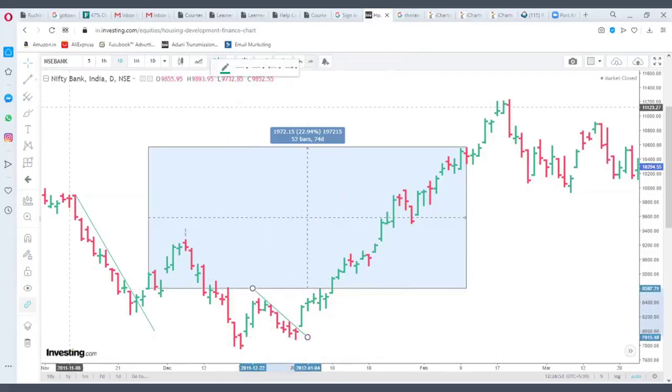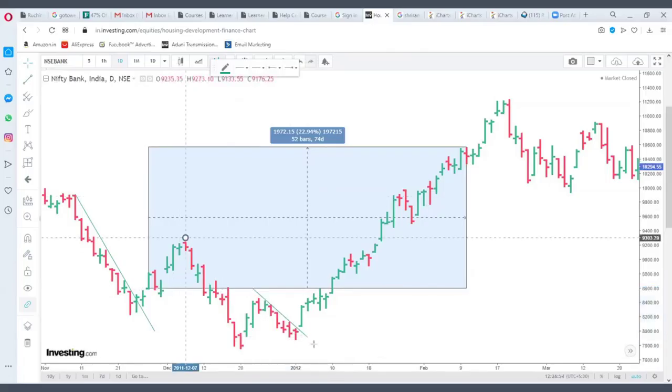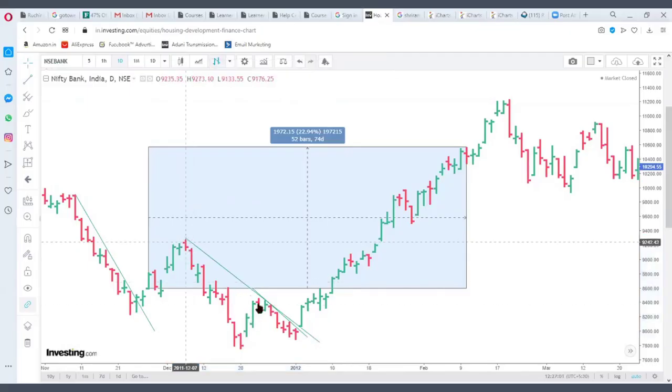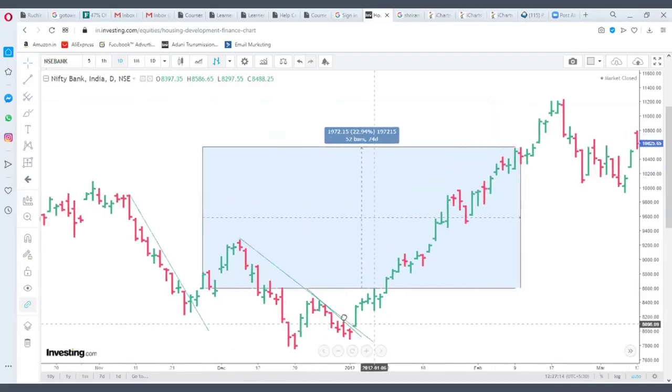Or one more trend line could have been made from this top connecting to this top. So these two trend lines are there. To be more confirmed, I could have entered after the break of this bigger trend line. Once I see that prices have opened gap up above this and start rallying, I can go long.